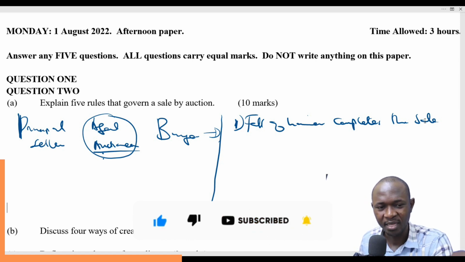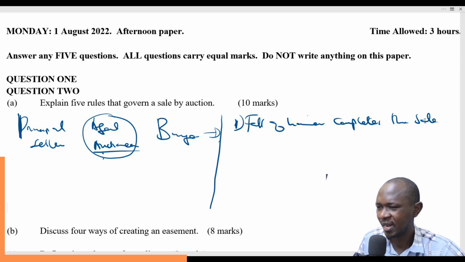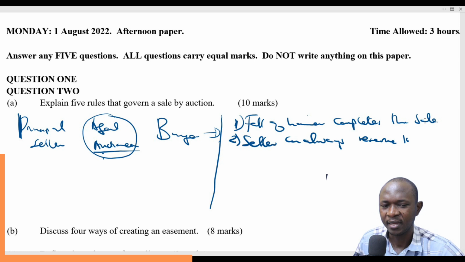The other thing is that the seller can always set a reserve price.